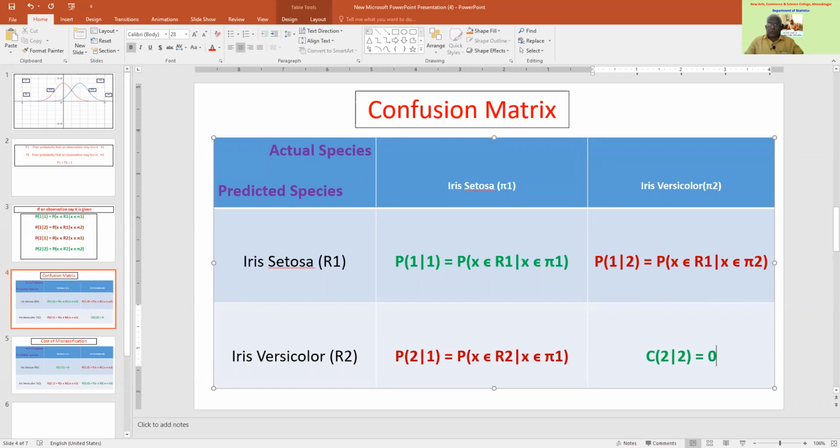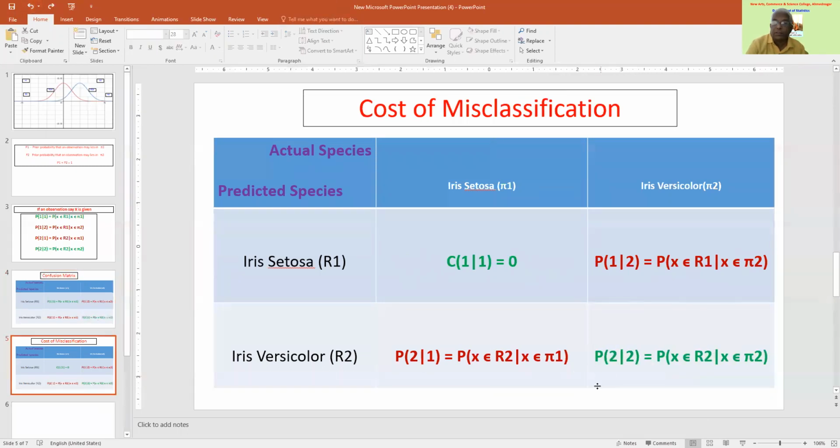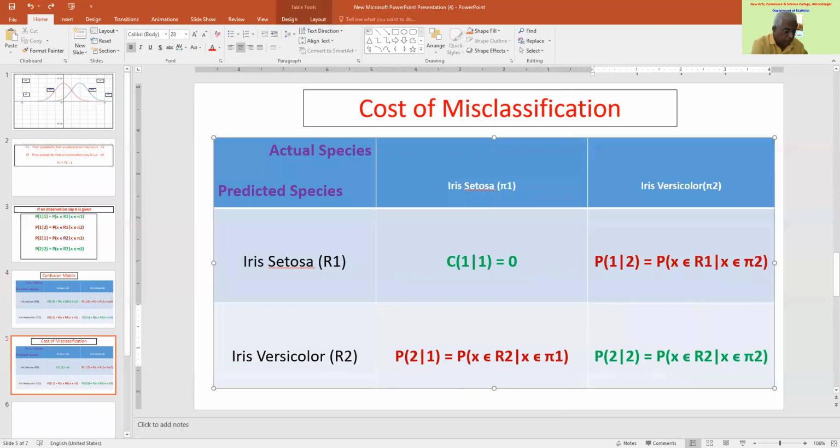Otherwise, if you come to the rest two, our table is this.